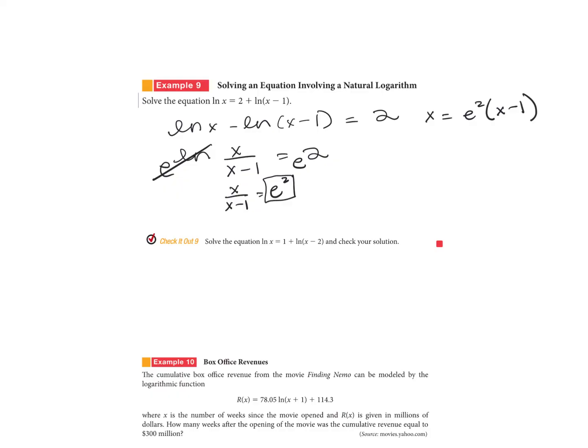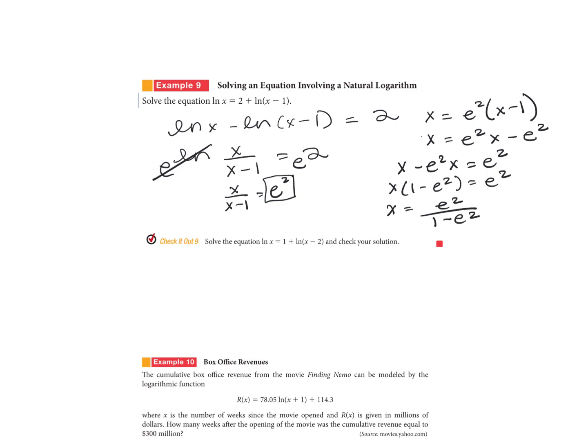Right, so what I need to do is distribute that e squared, get all my x's back on one side, factor out my x, and divide by this quantity. So x equals e squared over 1 minus e squared.